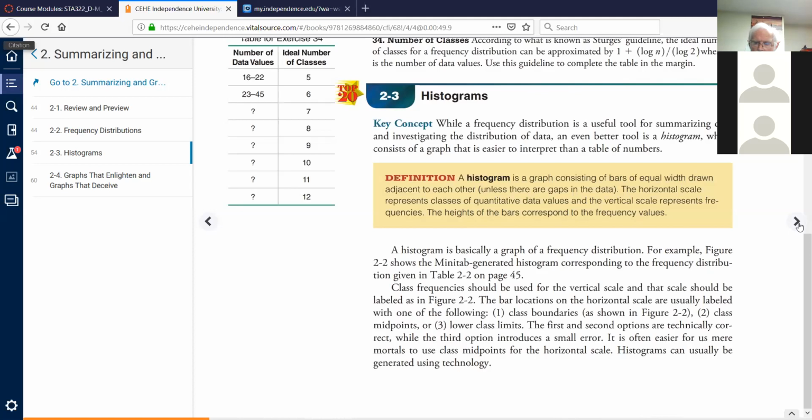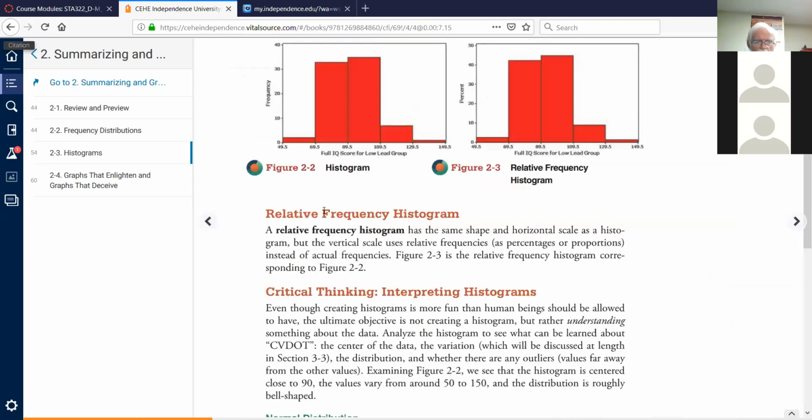So let's take a look. Here we have a histogram, and this is the IQ scores for the lead group. And this is simply the frequency, in other words, the number of people with IQ scores in these ranges. Note that the boundaries are the boundaries between the classes. So we've got 49.5 to 69.5, 89.5, etc.